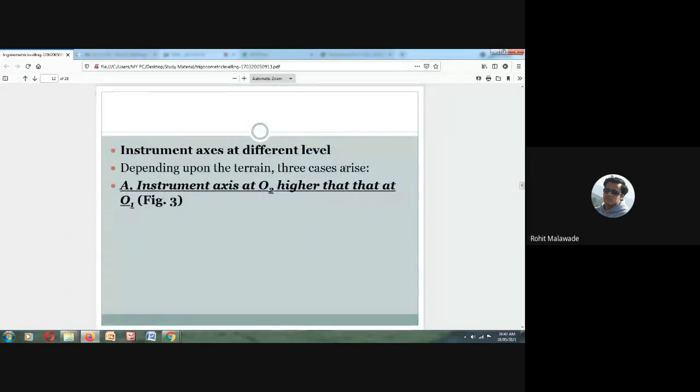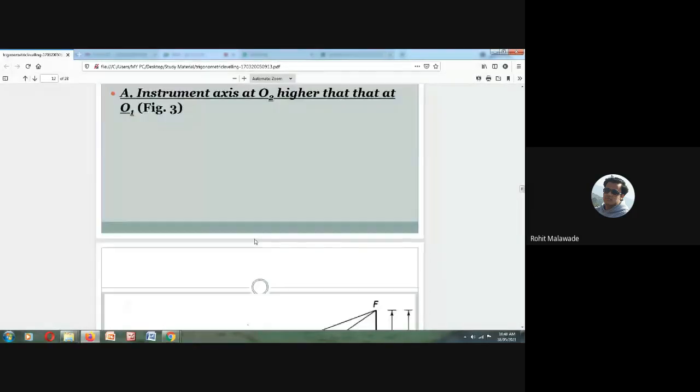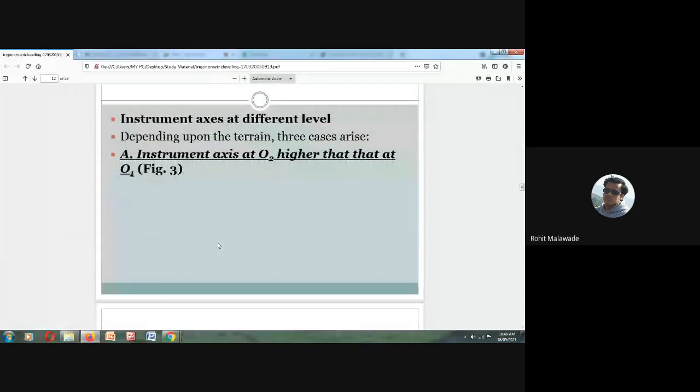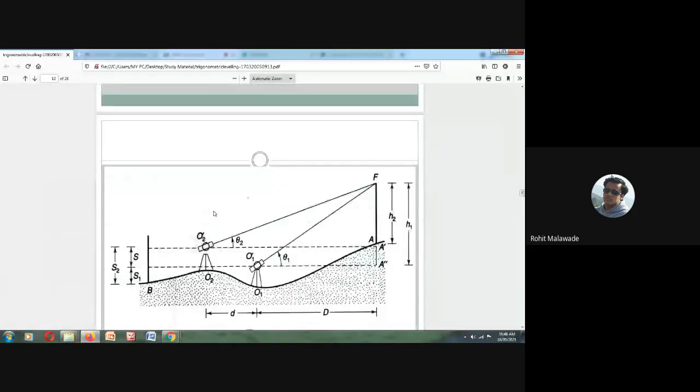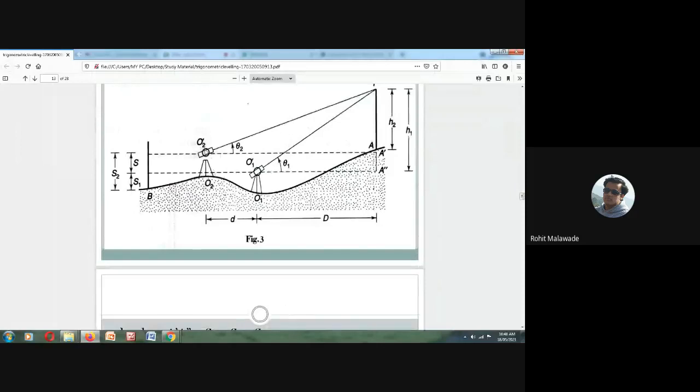With the instrument axis at different levels, depending upon the terrain, different cases are there. Now here, the instrument axis at O2 is higher than O1. The first case is when the instrument station O2 is higher than the point O1.